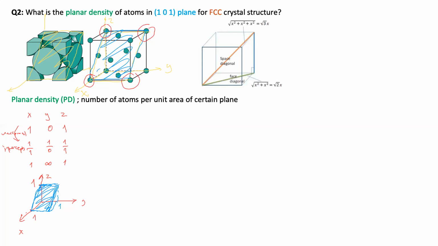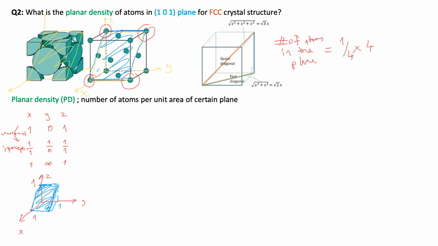Only 1/4 of these atoms are in the plane. So let's write this number of atoms in the plane. For the atoms at the corners, it will be 1 over 4. There are 4 atoms, so I multiply it with 4.